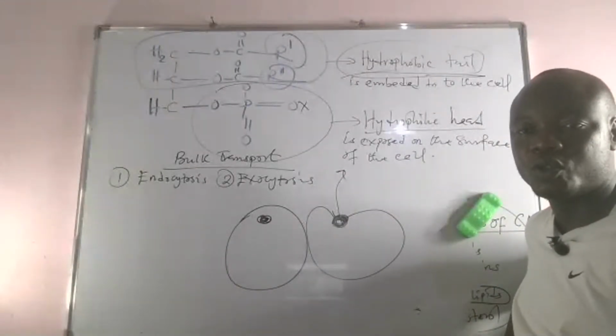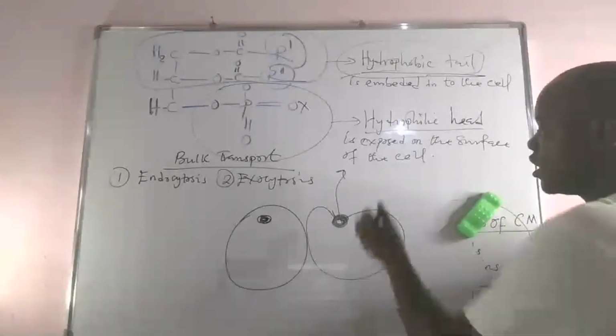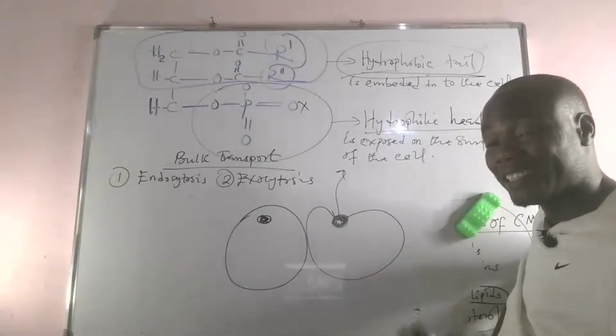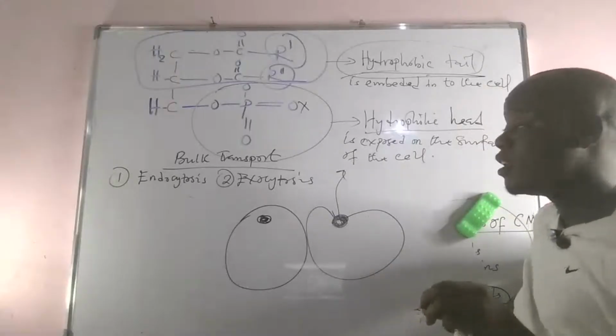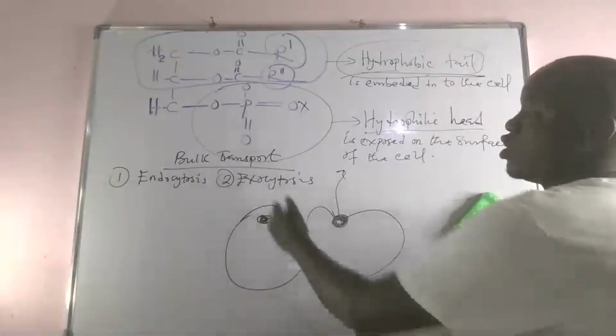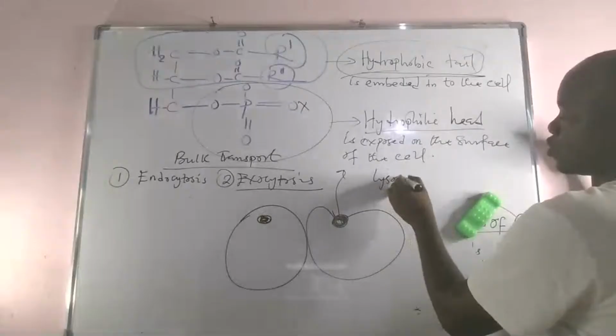And examples of this is maybe degraded bacteria. Bacteria is one of the examples of particles or materials that can be removed from the cells using exocytosis. Remember, I told you we have a lysosome.